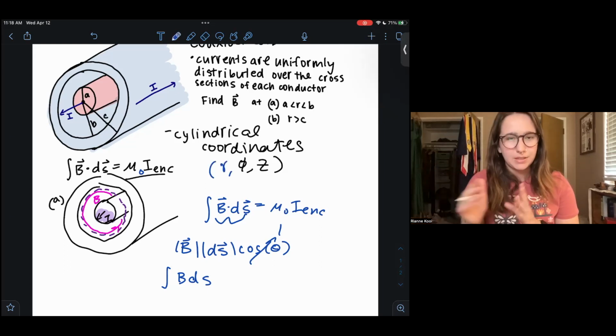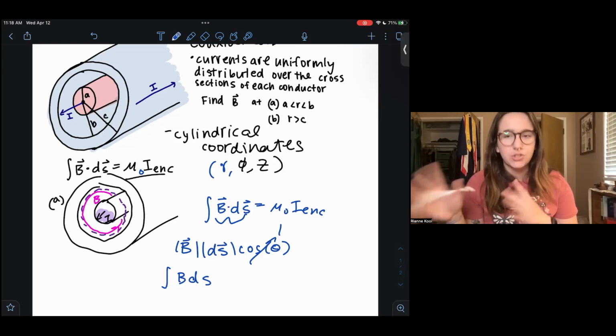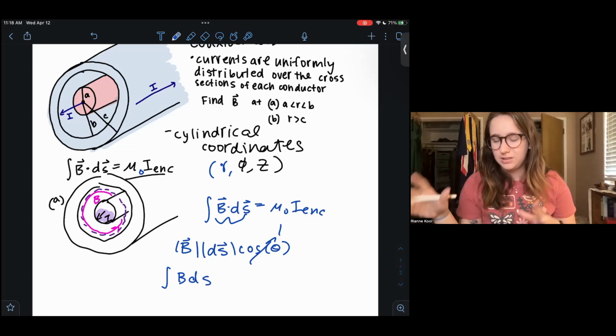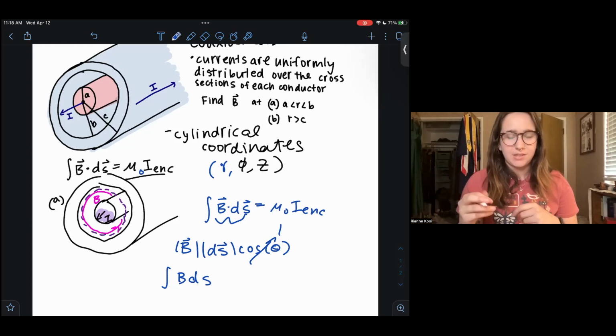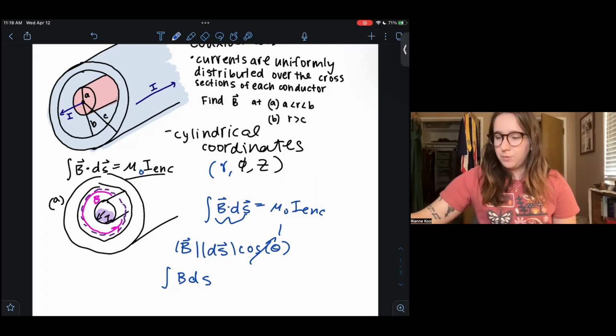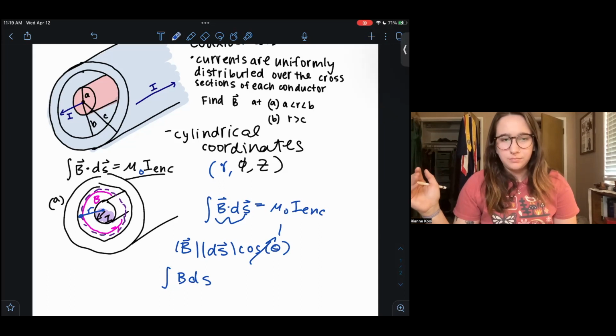I know that's a little bit unconventional, but just go with it. I already defined everything in terms of r. So our r in this case is going to be from here to our Amperian loop right there.